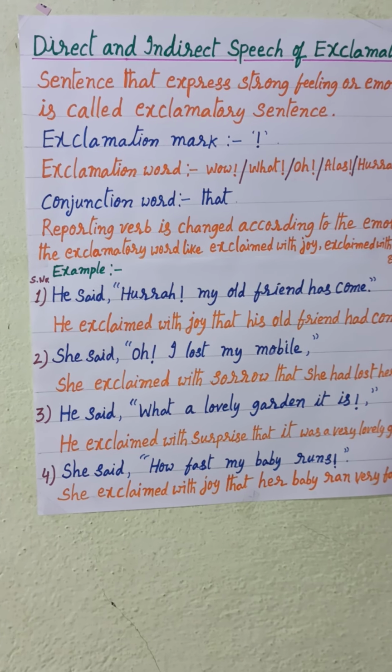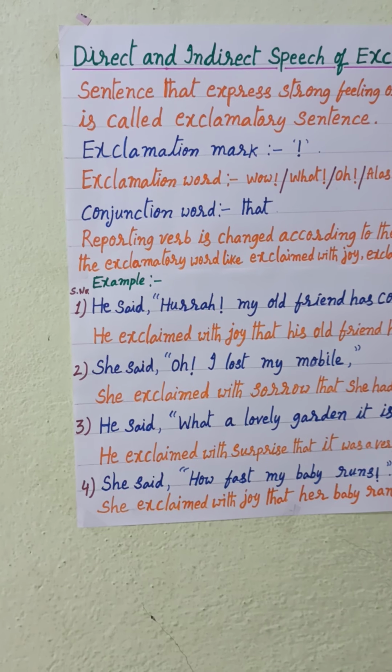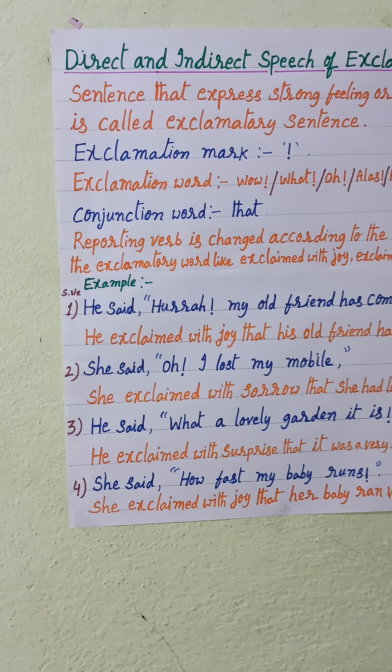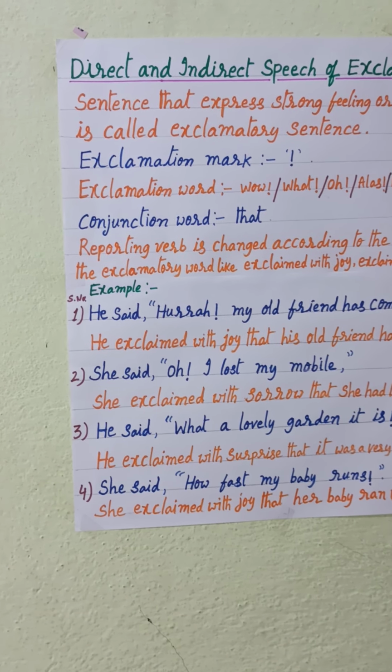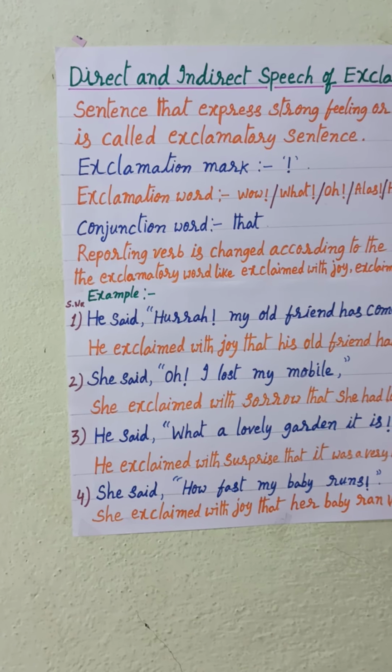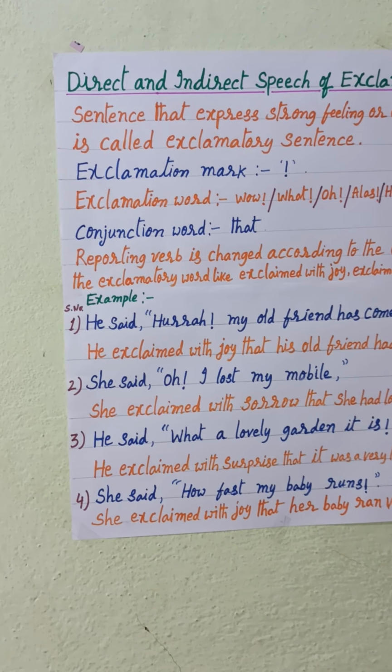The exclamation mark or symbol is just like an I with a dot under it.